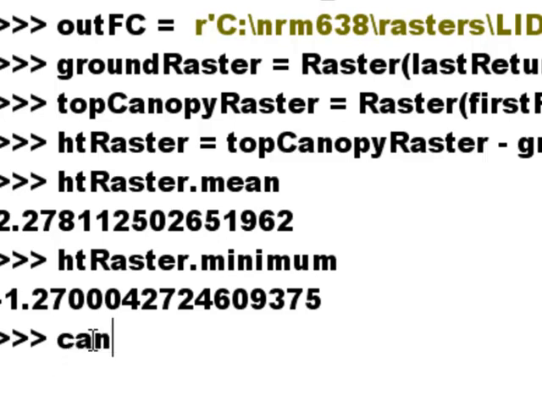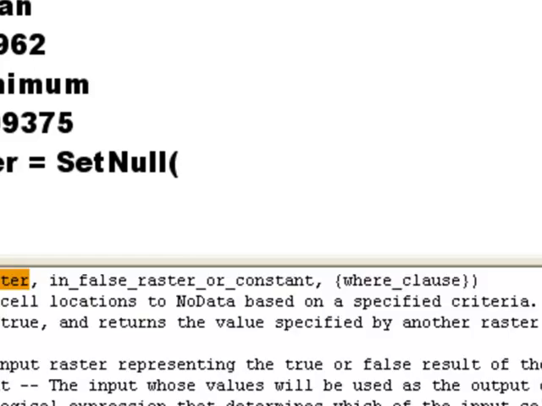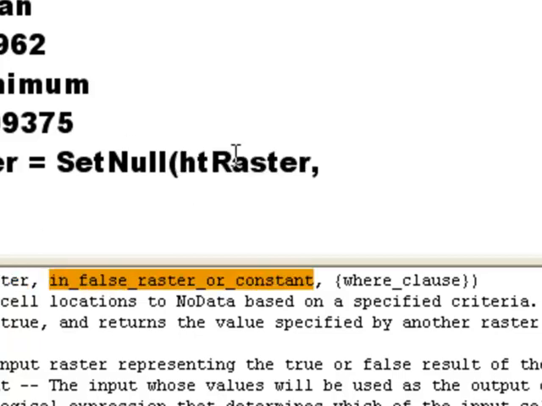So I'll make another raster object, and then we're going to use set null. So with set null, it's going to ask a question about an input raster. So our input raster is our height raster, and then comma. And then if the question's false, what do we want the pixel values to be?